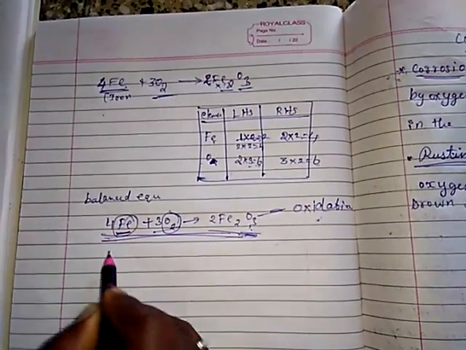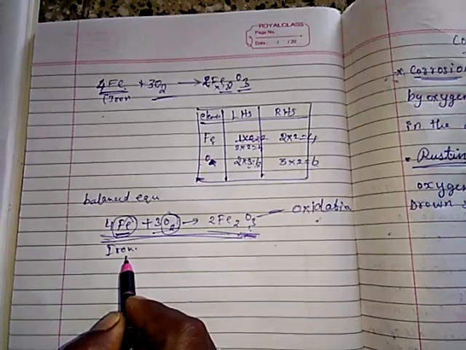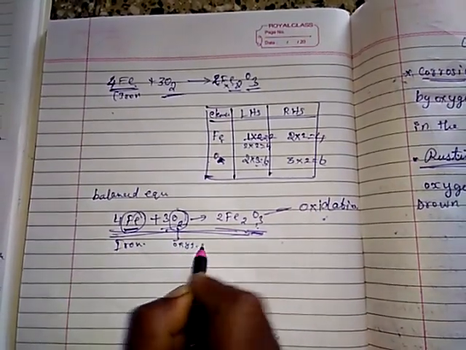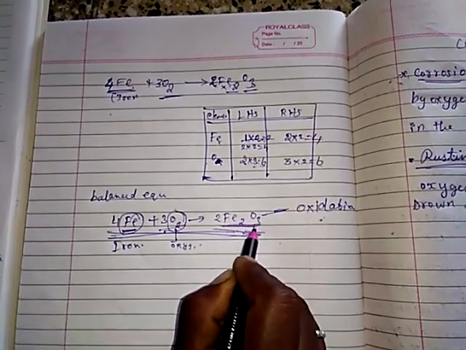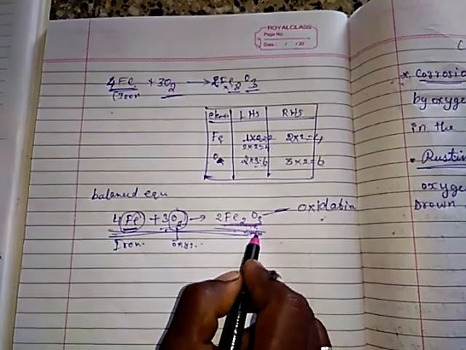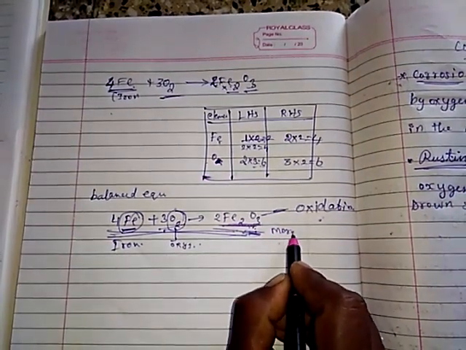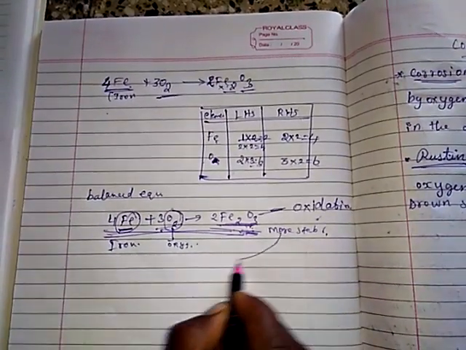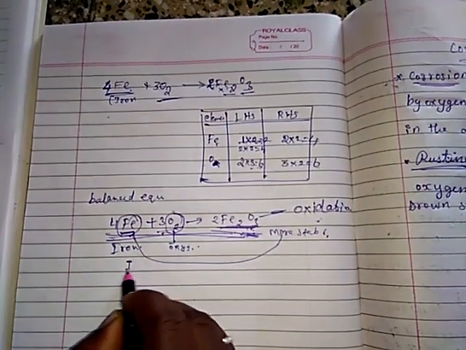So iron is reacting with oxygen to produce Fe2O3, as Fe2O3 is more stable than normal iron Fe.